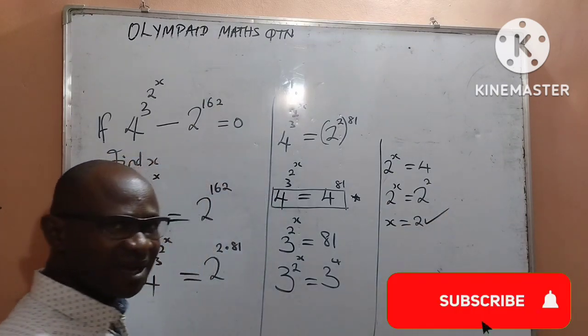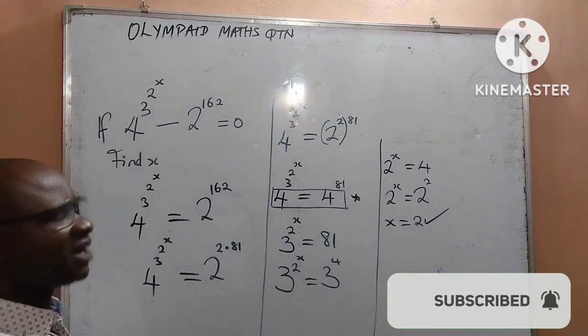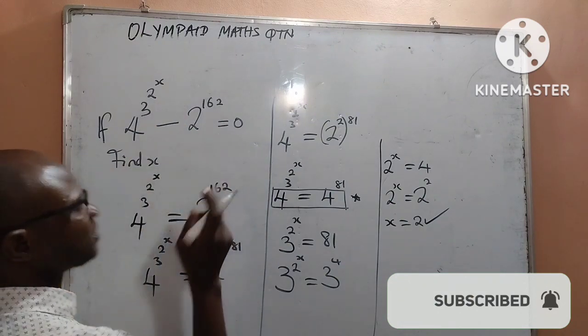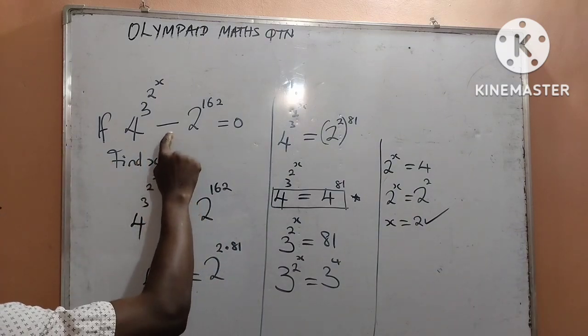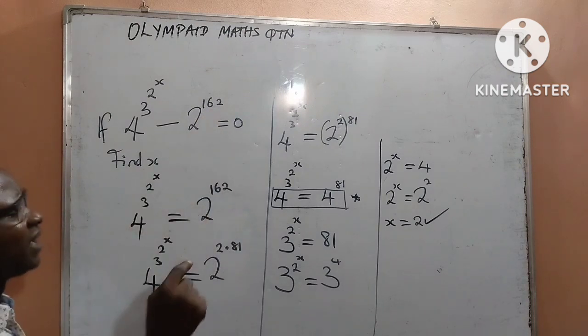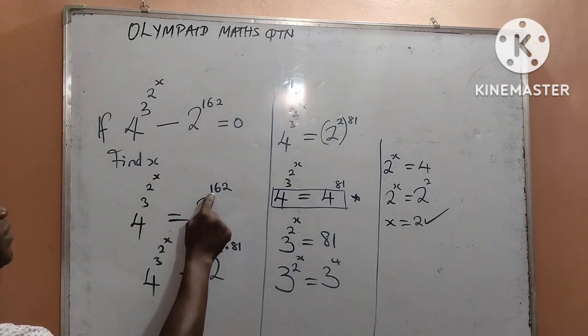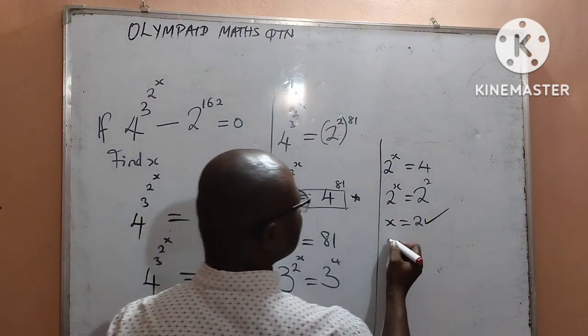Final answer. Let's check our result. From the left hand side, I want to see if I can get what is on the right hand side. I have moved this negative 2 to the power of 162 to the right hand side here, and what I got is 2 to the power of 162. So I want to use this to check my result. Check result.